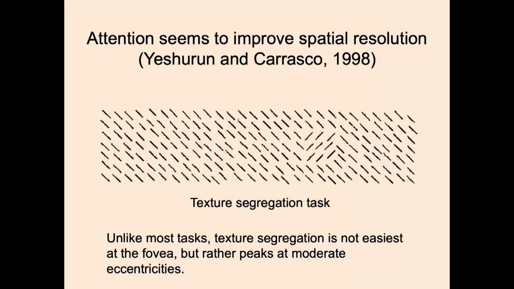All right, so to continue our tour of interesting phenomena related to attention, we're going to talk about the possibility that when you pay attention to something, that improves the spatial resolution of the representation.